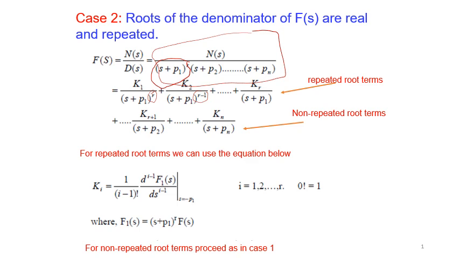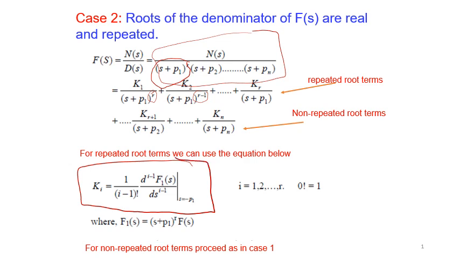The non-repeated roots are going to remain the same, and we will treat them the same as before. The constants for the non-repeated denominator are to be calculated the same as in case 1.